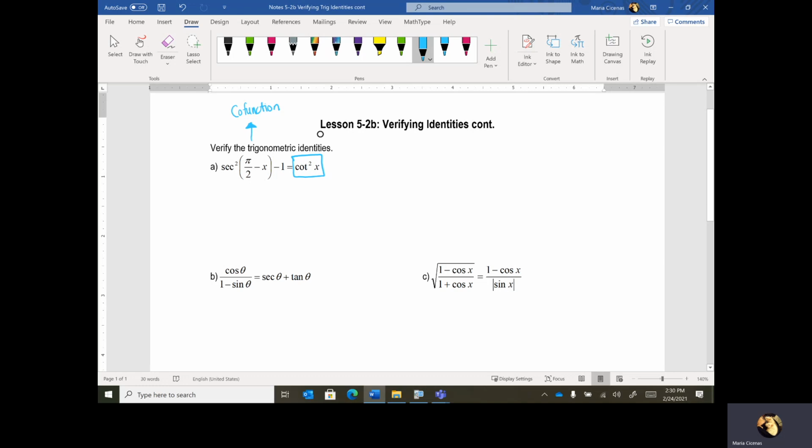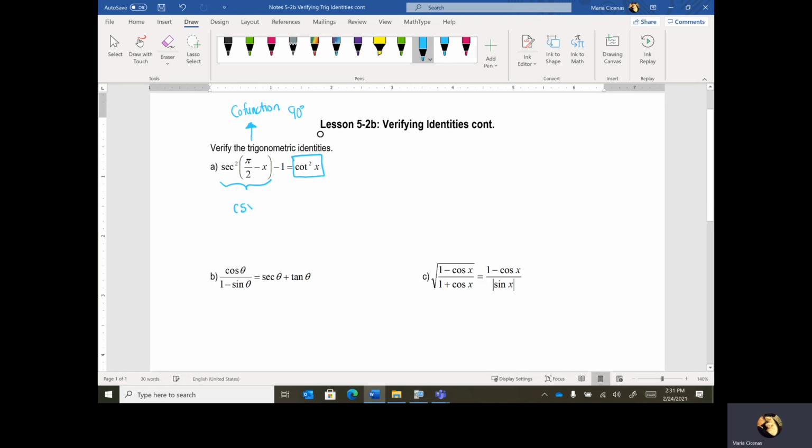The co-function identities are the ones dealing with complements, so things that add up to 90 degrees or pi over 2. And you will find, if you don't recall, that secant squared, its kind of complement is cosecant. Well, I should say secant and cosecant are complementary, and so if one is squared, the other would also then be squared.